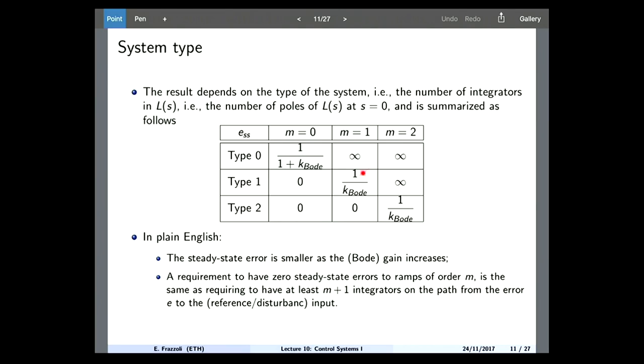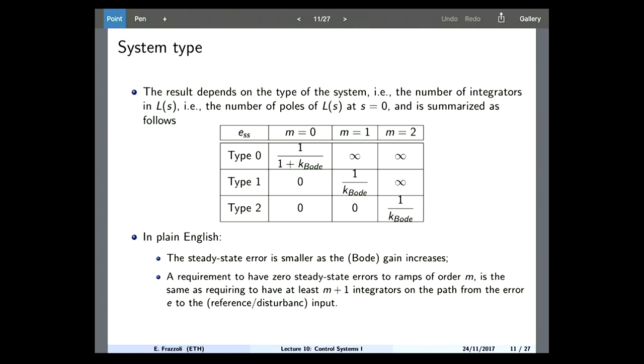So if I want to have a finite steady state error to a unit ramp, I need to have at least 1 integrator. If I want to have 0 steady state error to a unit ramp, then I need to have at least 2 integrators. So on and so forth. So you can see how this little table is built.